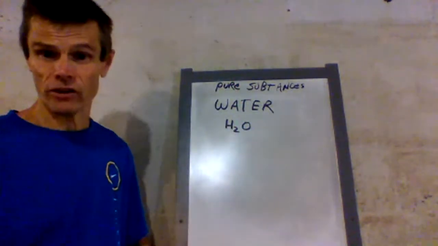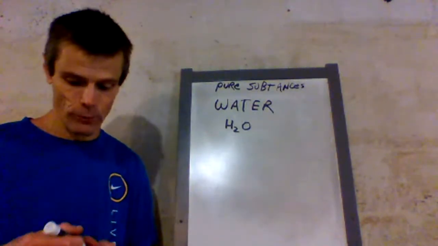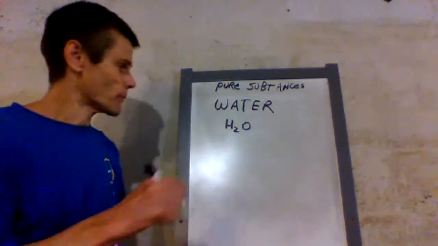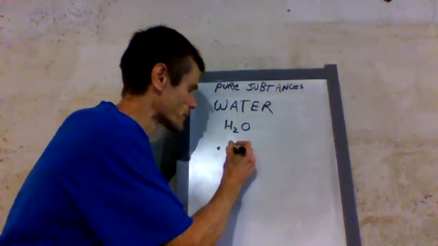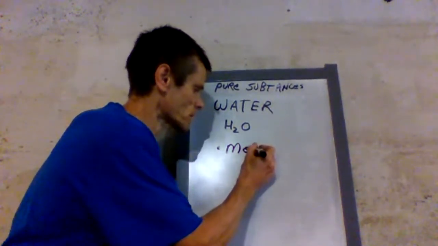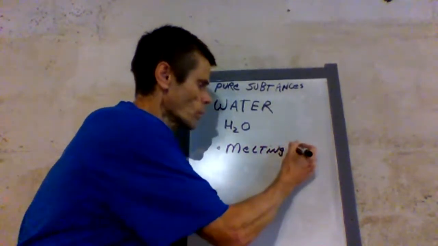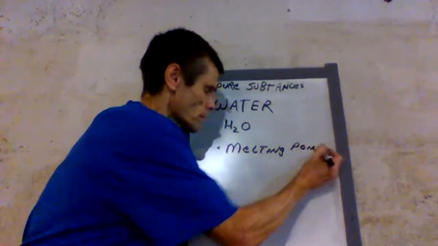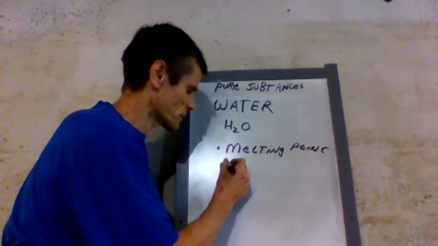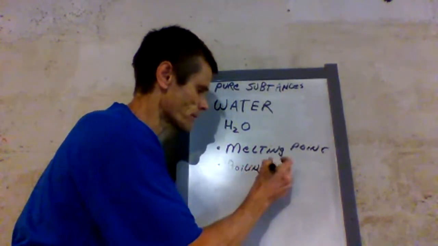It also has fixed properties, regardless of where we collect this pure water sample from. What we would find is that all samples of water have the same melting point. We'll learn more about melting point and boiling point, another property of water that's fixed.